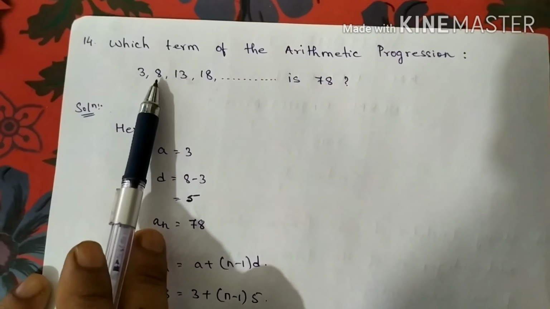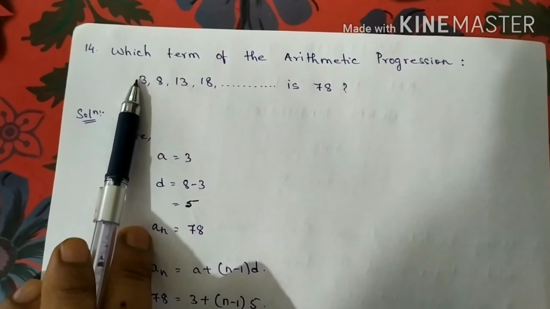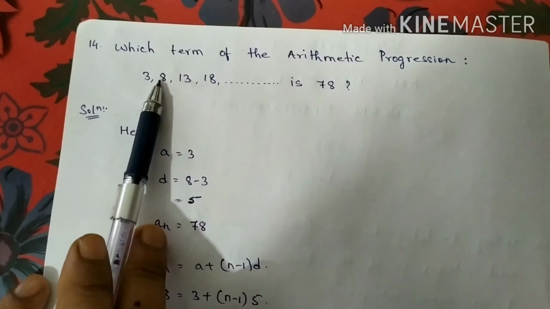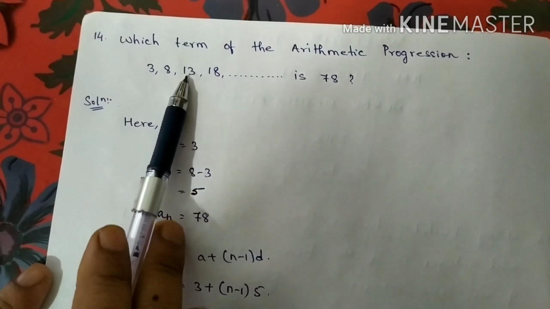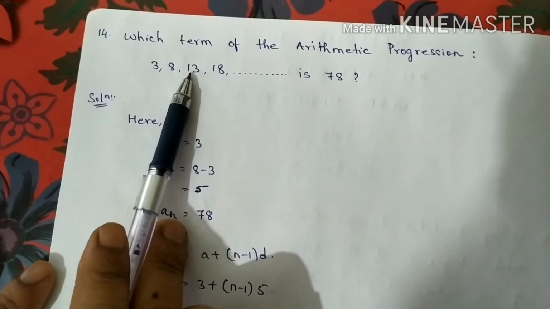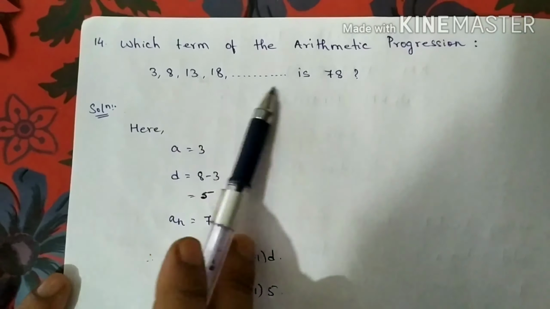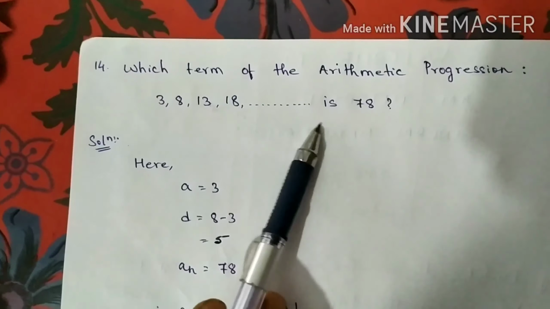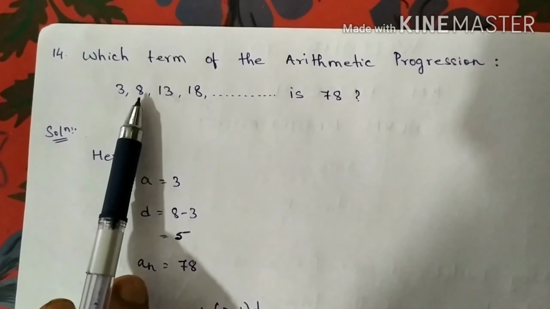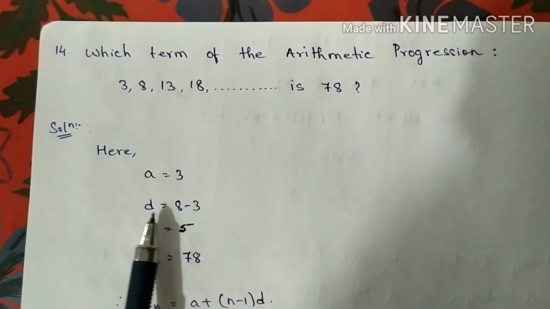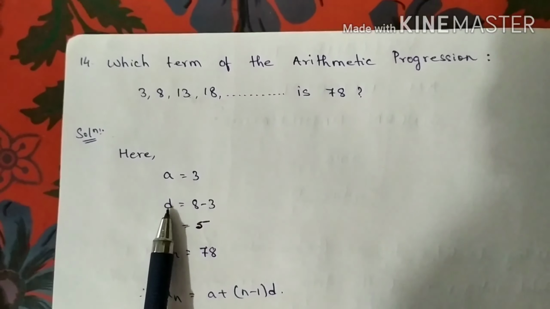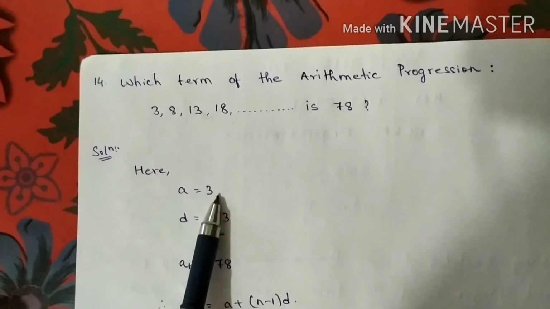How to find it? Second term minus first term, or third term minus second term, or fourth term minus third term will give the common difference, only if this series is in AP. So second term minus first term, that is 8 minus 3 is 5. So common difference small d is 5 and first term small a is 3.